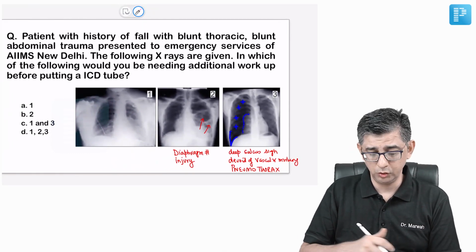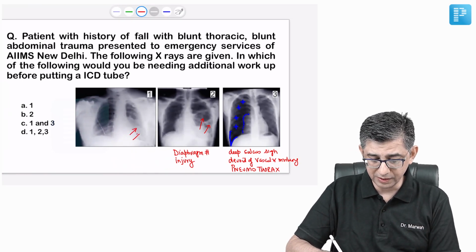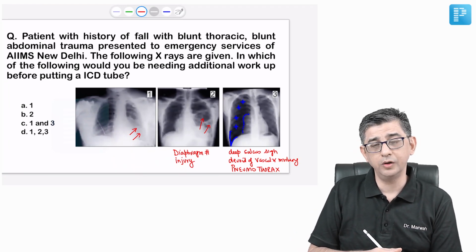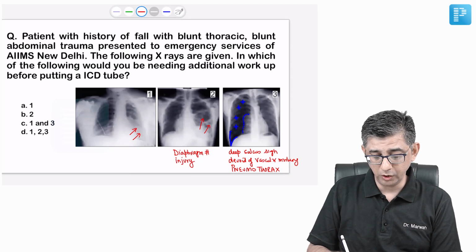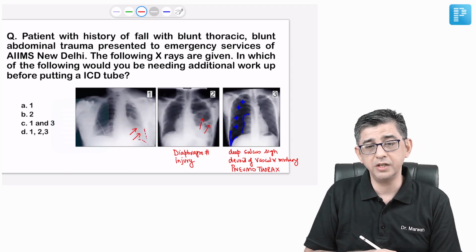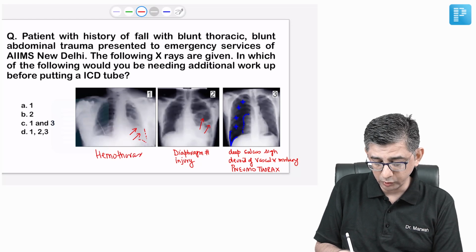The first image, though this was again widely disputed, but most guys, after we had discussed this in the Zoom session post the exam, were of the conclusion that there was a blunting of the costophrenic angle and the area was white. It was substantially wide. So I can say if there is a presence of blunt abdominal trauma, this could have resulted in hemothorax.